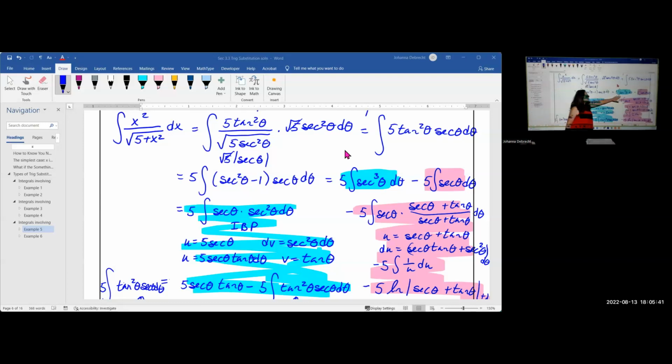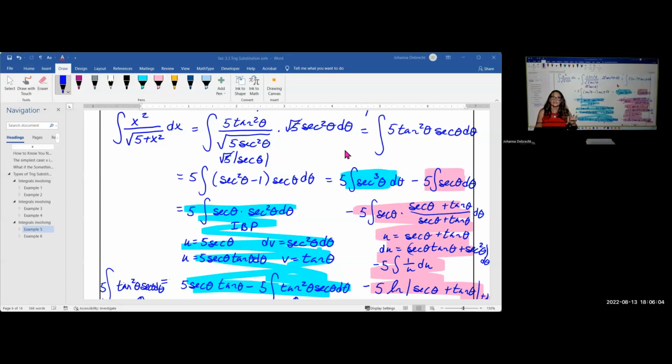So in order to integrate secant cubed, you need integration by parts. So you pull off 2 of them to serve as dv, and the single one becomes u. So you let u be 5 secant of theta. So the derivative is 5 secant theta tangent theta. And then you integrate the dv side to lead you to tangent of theta.